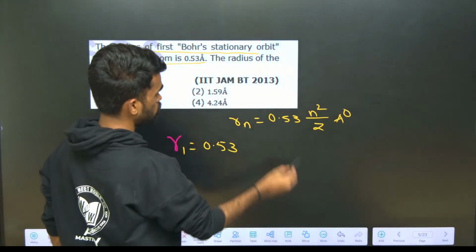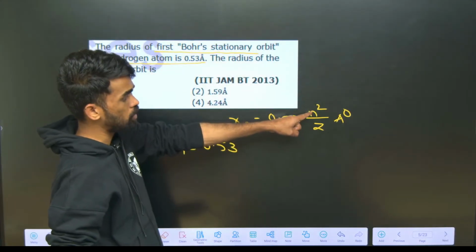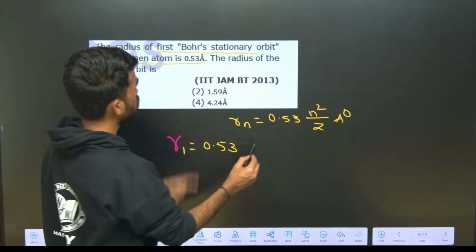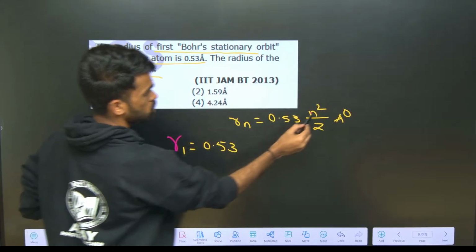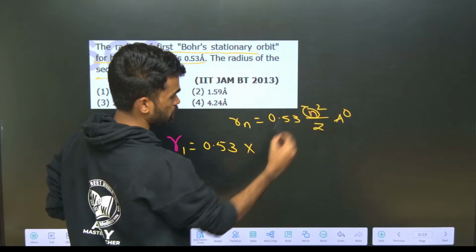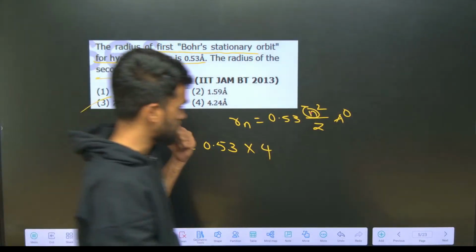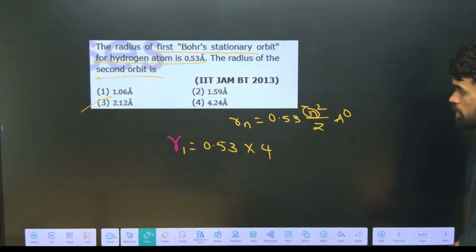For the first orbit, atomic number is 1 and n value is also 1, so it will be this much. They are asking the radius of the second, so take n as 2, multiply by 2 squared, means 4. Just multiply this and you will get your answer. We did this in the last discussion also.